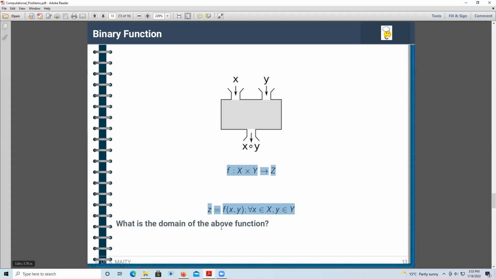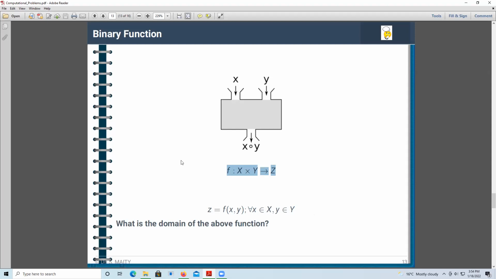Now, a question you can observe here. What is the domain of the above function? Can anyone tell me? What is the domain for this binary function f? Maybe the values of x and y which we input.